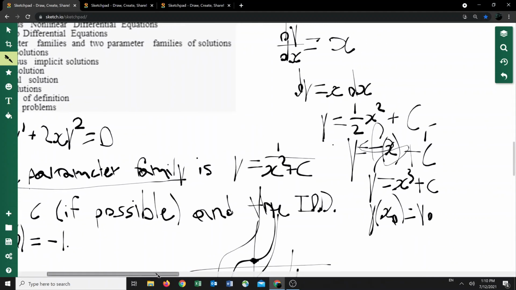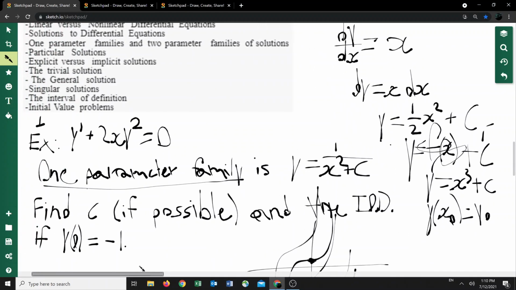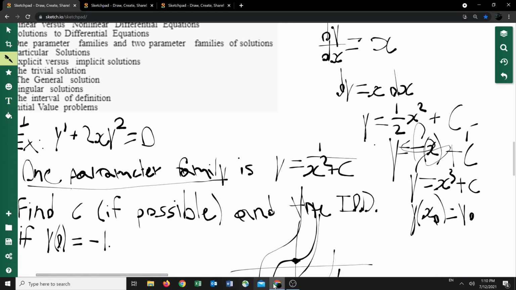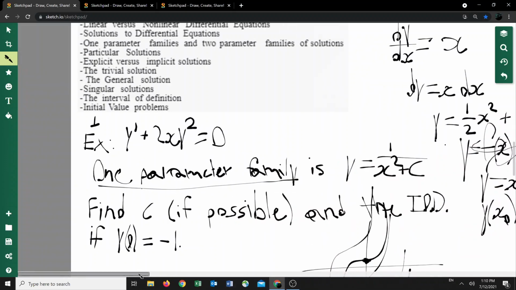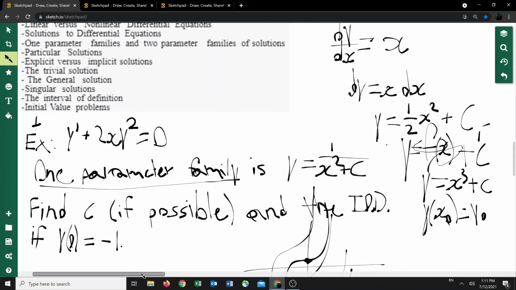Basically, explicit solutions are solutions where we can simply get y in terms of x. It's the nicest case. But we can also have implicit solutions, which are not as nice.